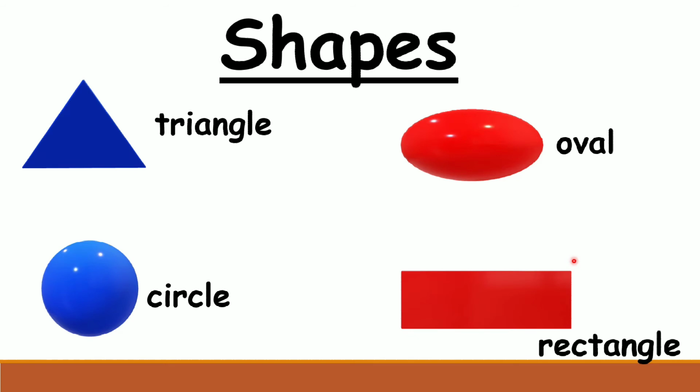And our fourth shape is a rectangle. And lastly, we have our square. Yes, so shapes we have a triangle, circle, an oval, rectangle, and lastly our square.